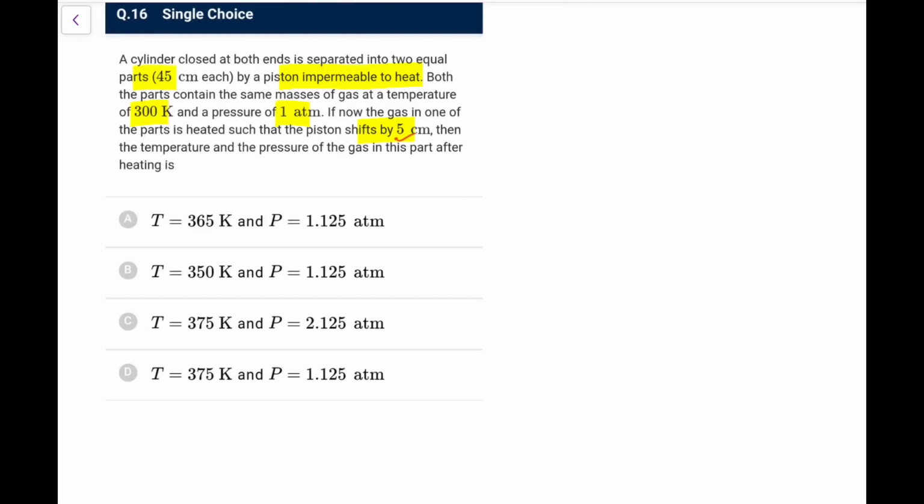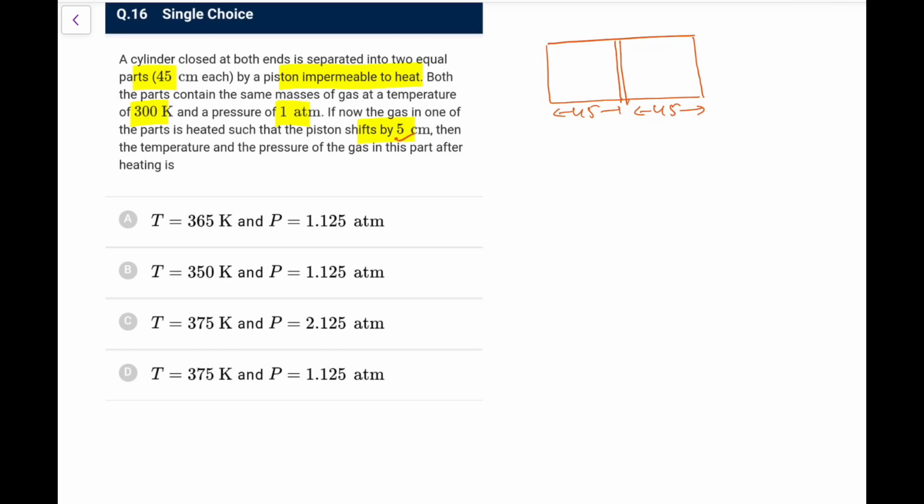Here the information I feel is not given appropriately, and it was tough to calculate. And in the solution, they have taken an assumption which should be written in the question, which is actually written in similar questions. Let's say this was in between, this was 45 centimeter, this was 45 centimeter.